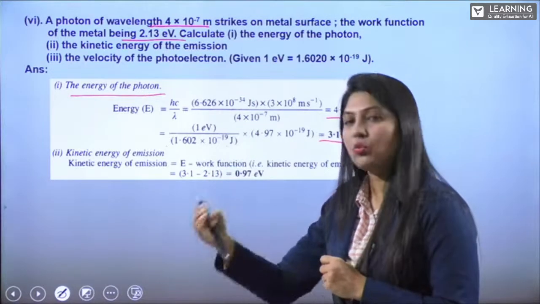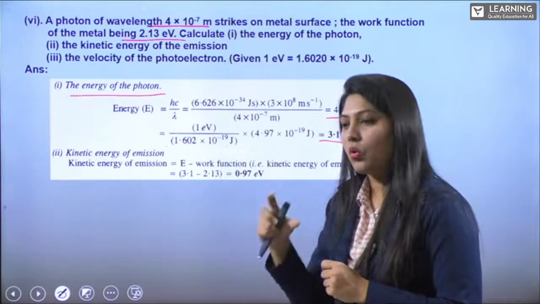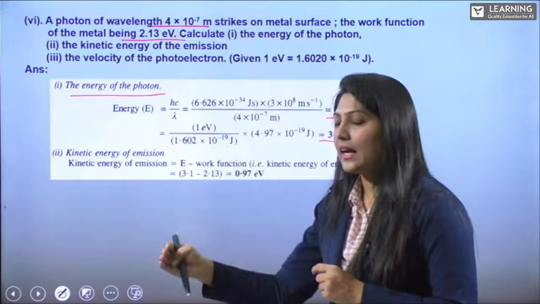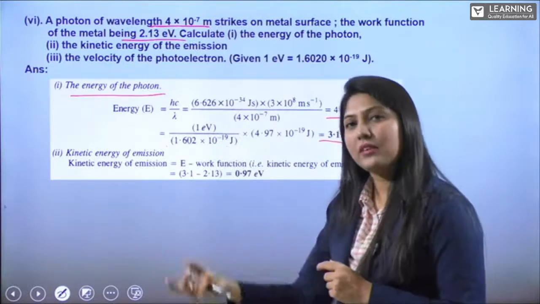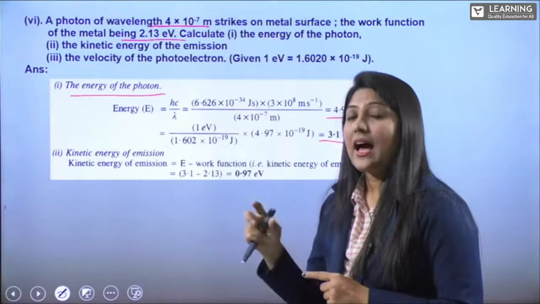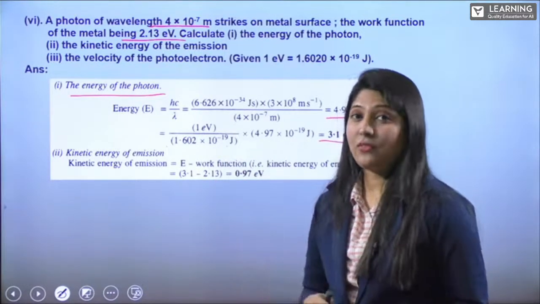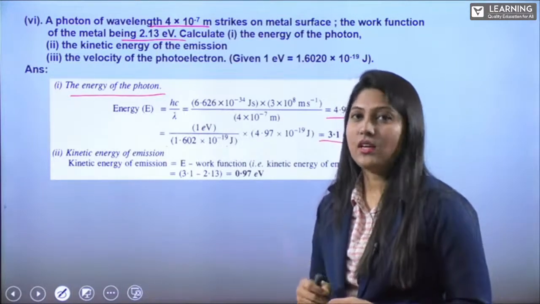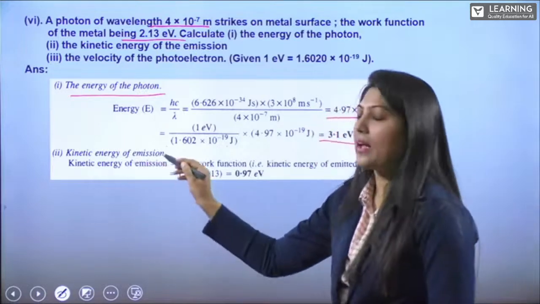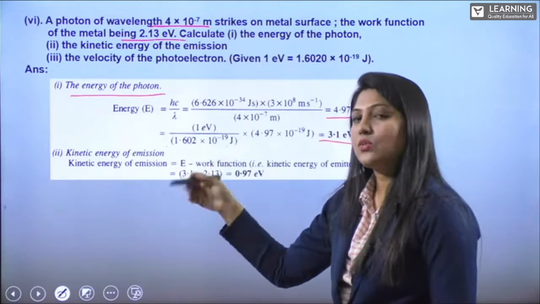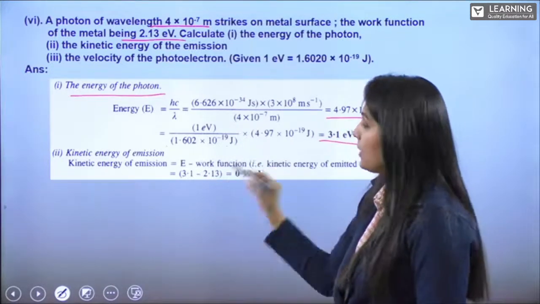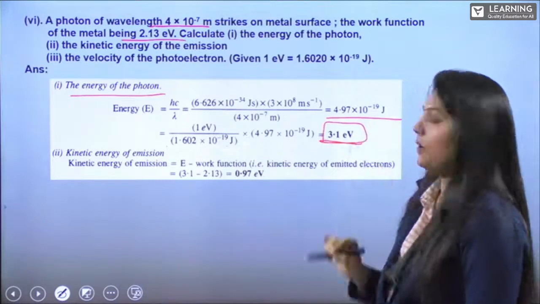If you find the difference between the energy the photon has, which is striking the metal, and the work function, we can directly find the kinetic energy of the electrons which are emitted. So the kinetic energy of the emitted electrons will be E minus the work function. Why we took eV, did you understand now?